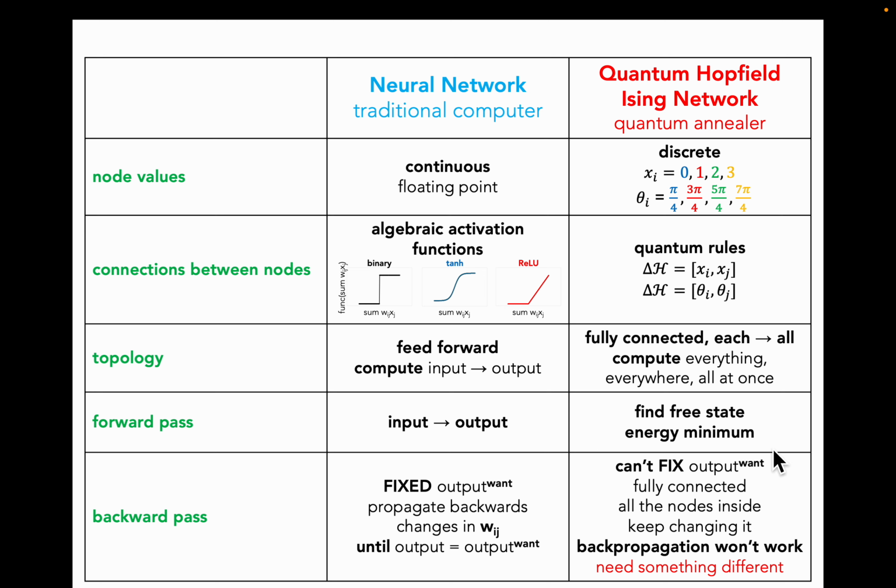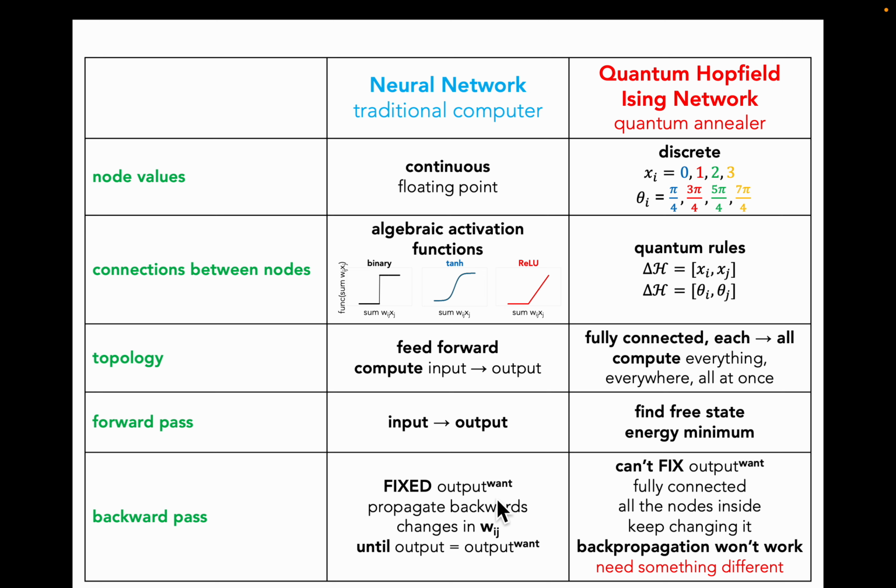So what we're doing before we do any training, we're looking at the initial state of it and finding the energy minimum. Then the backward pass in the traditional neural network, we know the output we want. We've already run to the output.